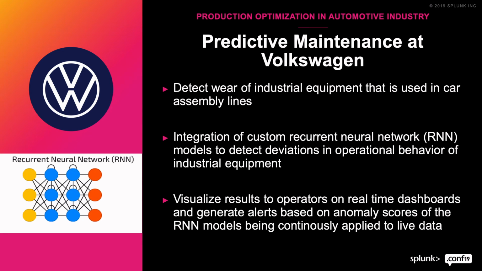They had research going on to find out what the proper operation of their equipment is. In this case, they want to detect the wear-off that is happening in industrial equipment in their production lines, their assembly lines. That's why they were researching very intensively to find a recurrent neural network that fits their use case really well.